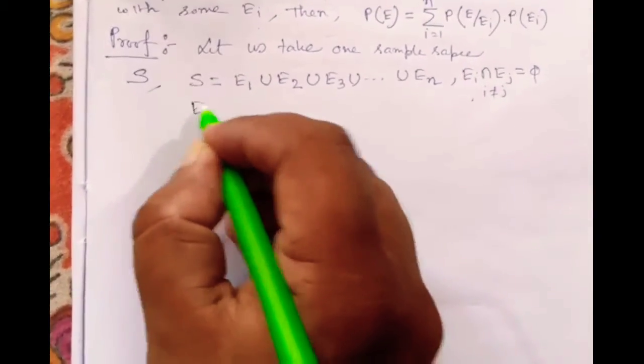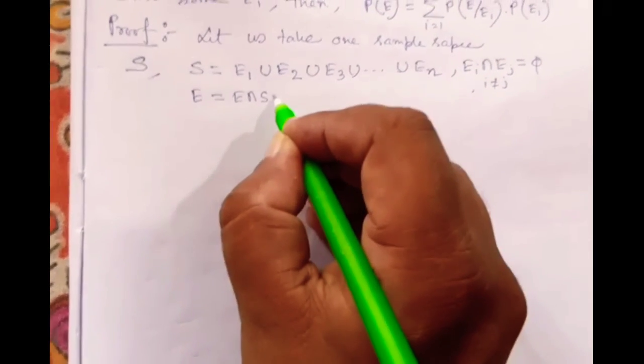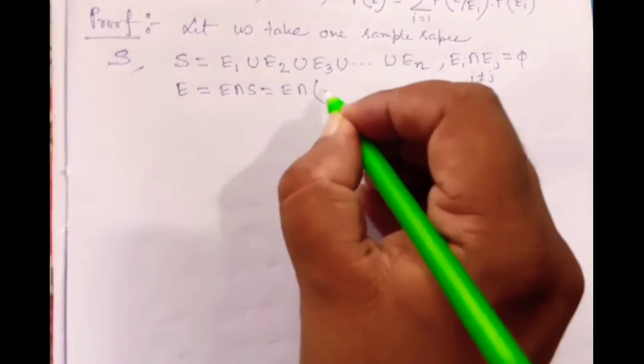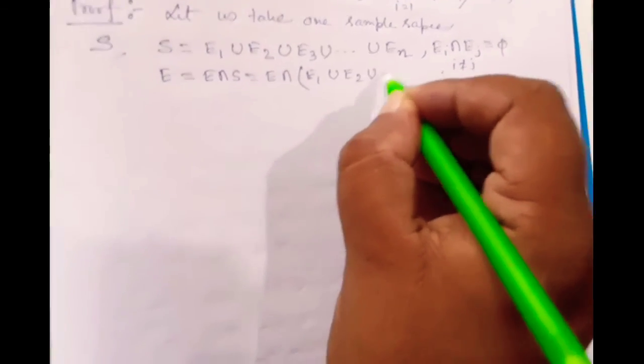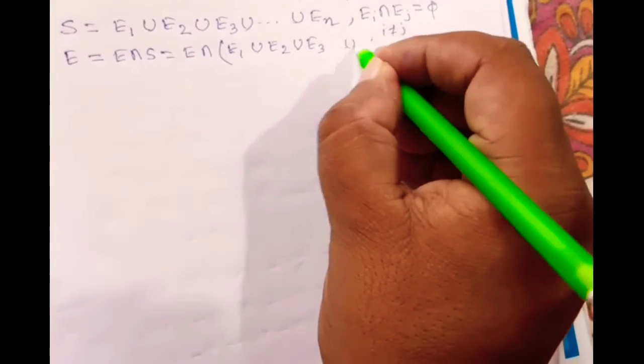E equals, obviously, E intersection S, that means E intersection (E1 union E2 union E3 ... union En).